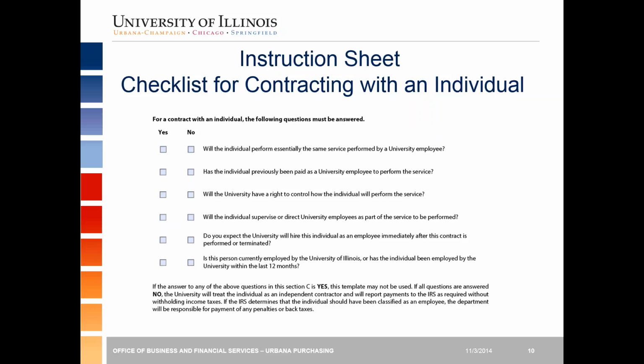If contracting with an individual and the answer to any of these questions is yes, the CFS under 10,000 template cannot be used, and you should contact your purchasing office for additional assistance.